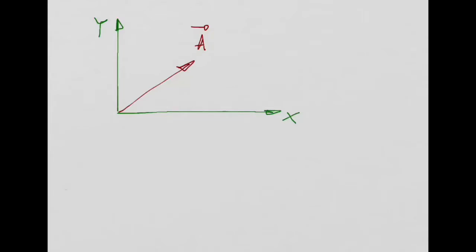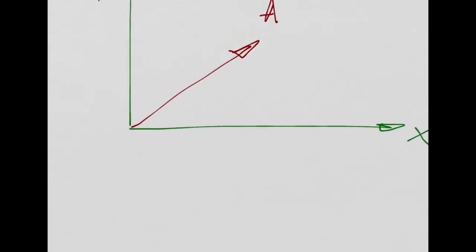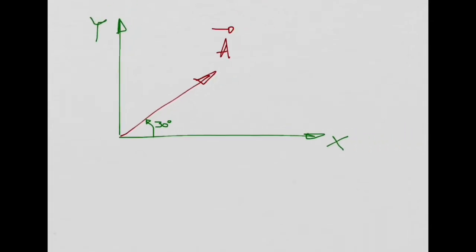Okay, so I'm going to say that this vector A makes 30 degrees. So this angle here, from here to here, is 30 degrees. All right?